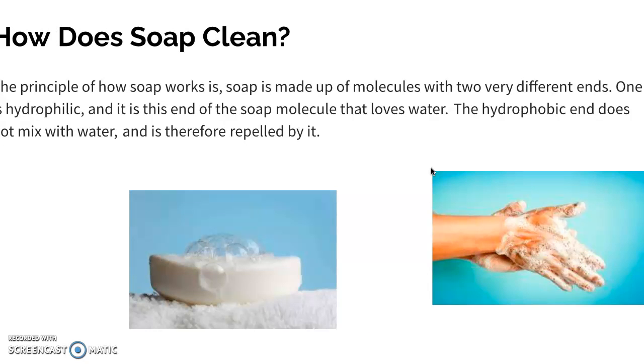So, the principle of how soap works: soap is made of molecules with two different ends. One is hydrophilic, and this end of the soap molecule loves water. The hydrophobic end does not mix with water very well, and therefore is repelled by it. It literally does not stick to it. It's like, oh, we don't care about your water.